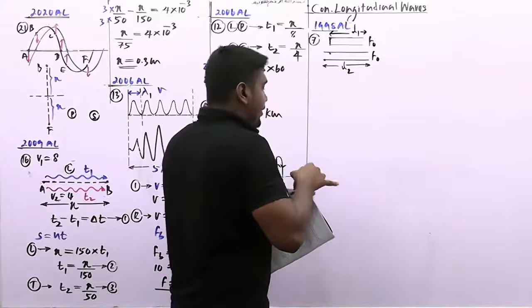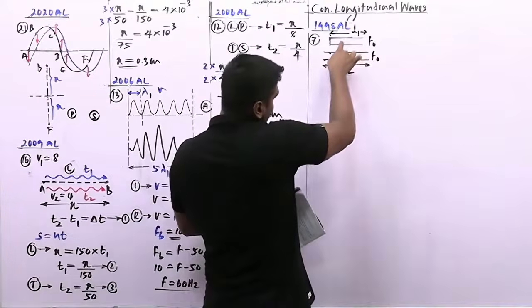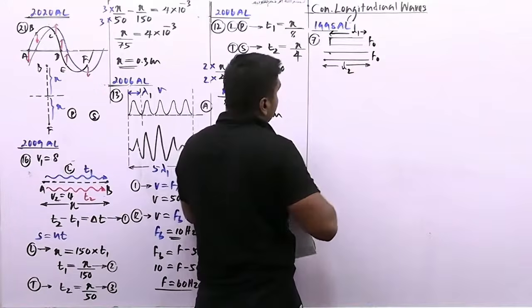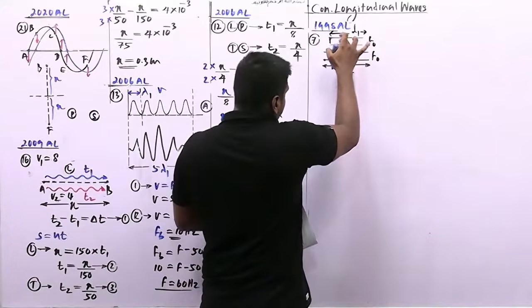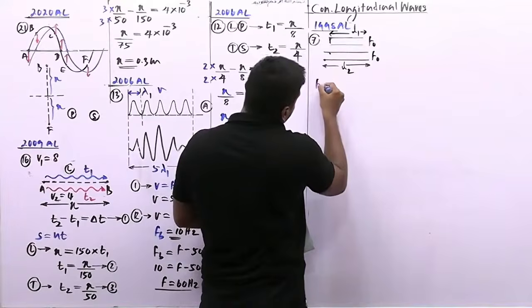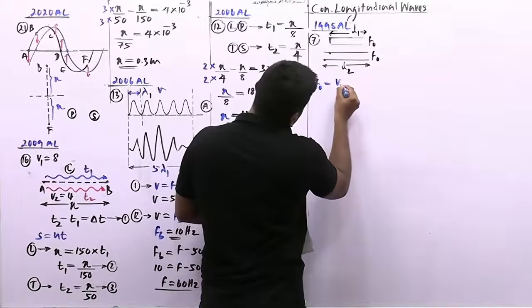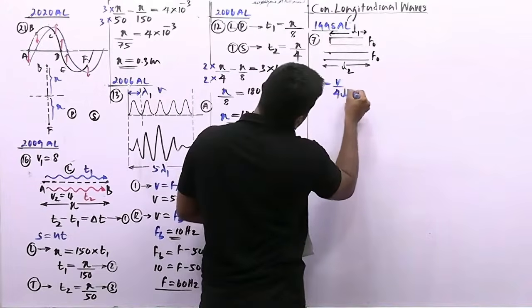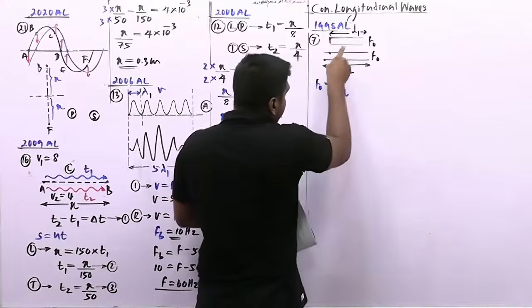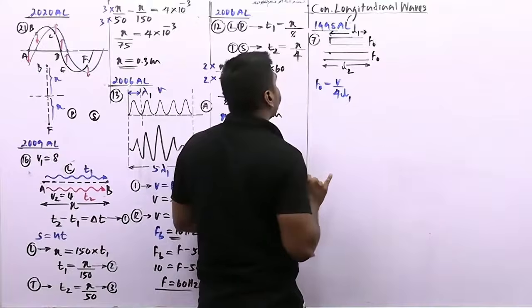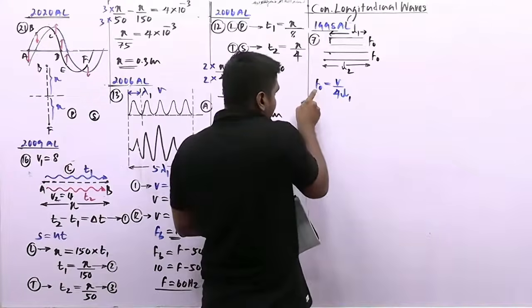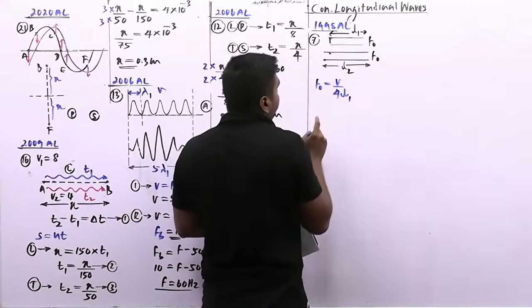So we know the one end closed tube fundamental frequency equation is v over 4L. For the one end closed tube, the length is L1, therefore I put L1. This equation is applied for the one end closed tube.